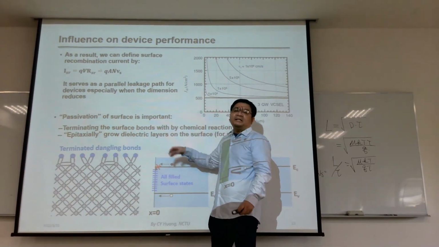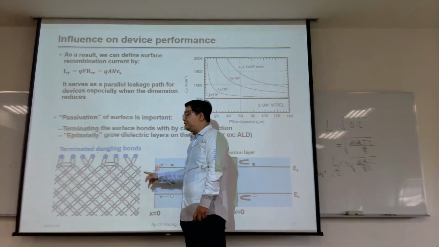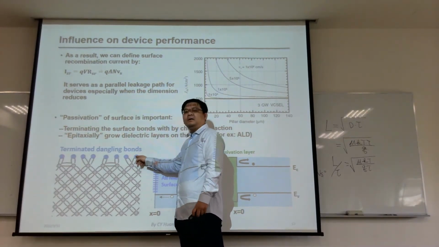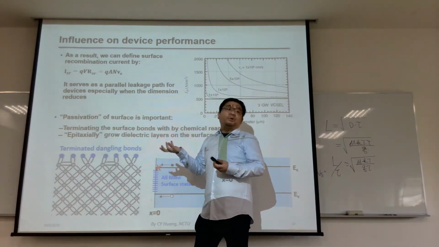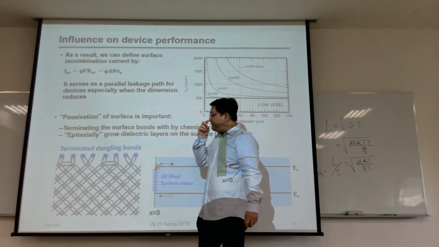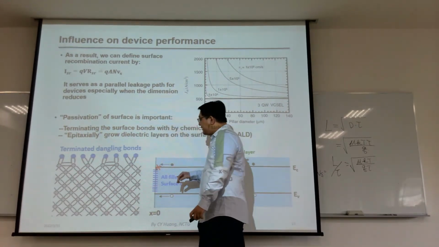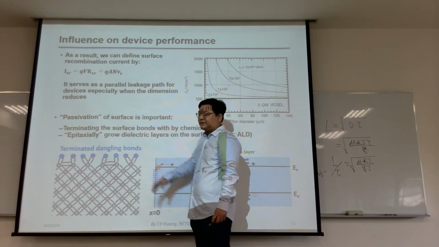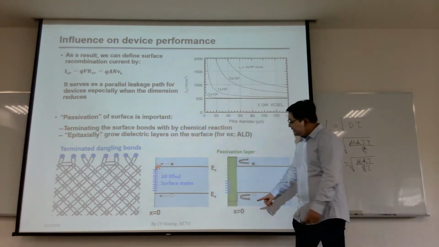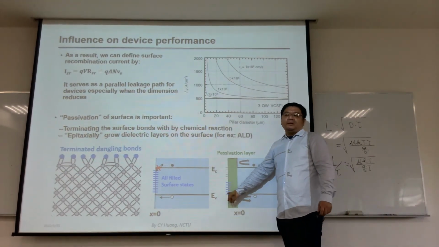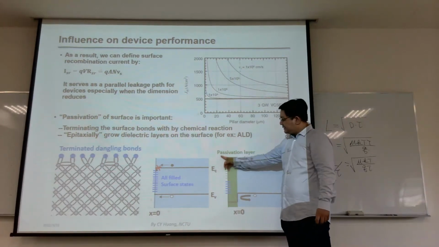That means your surface states are all occupied by something else. For gallium arsenide, some people try to terminate with sulfur; that's one possibility. Or you can grow something above your surface with a higher energy band gap, making the band diagram look like this.